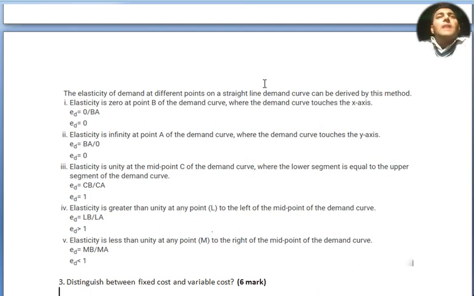ED equals LB by LA, which is ED greater than 1. Elasticity is less than unity at any point M to the right of the midpoint of the demand curve. ED equals MB by MA, which is 1 greater than ED.